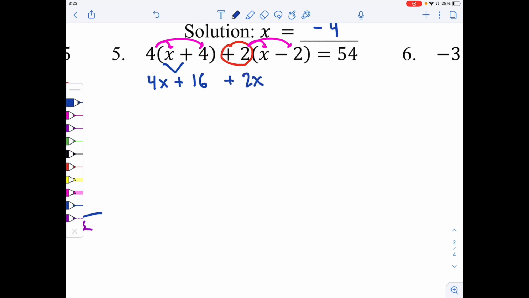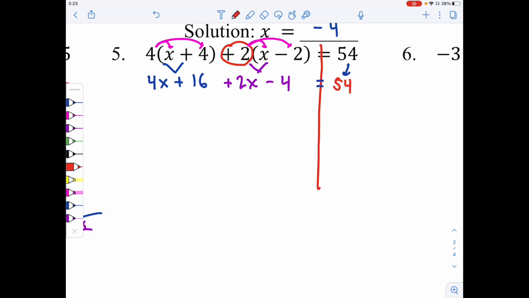Positive 2x. Positive 2 times negative 2. Negative 4. All right, so that was that part. So positive 2x minus 4. That was this. We still have equals in the middle. And then we're going to bring down 54.